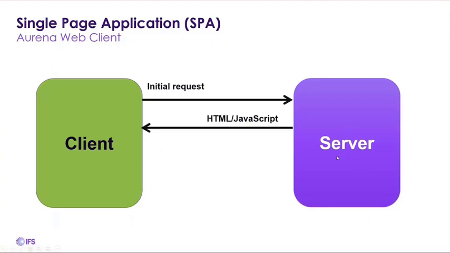Usually the server will send us back an HTML document plus some JavaScript libraries. Then any consequent user interaction that you do will result in AJAX requests. So what do we mean by AJAX, everyone? I'm pretty sure some of you have heard this term AJAX.